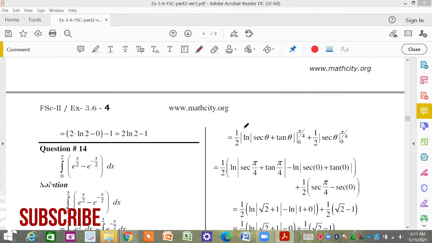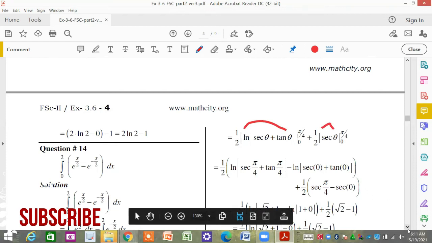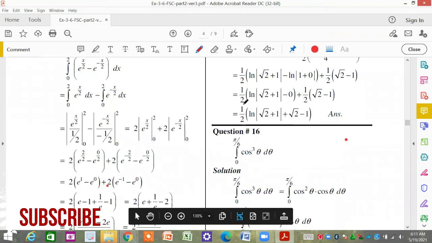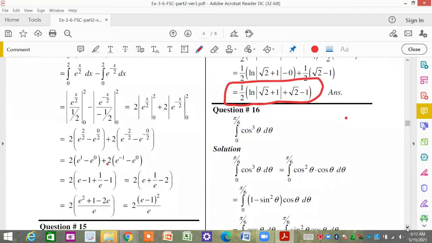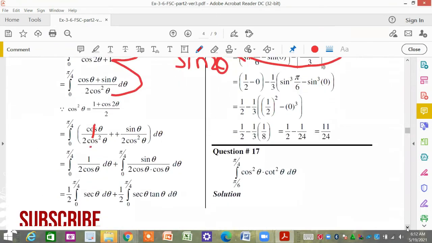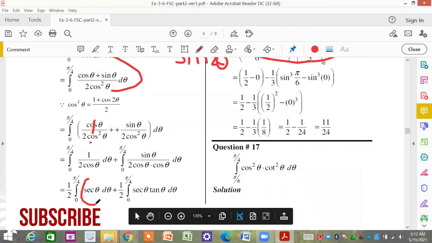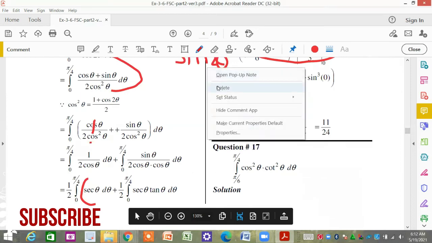So this is the integral of secant theta, and similarly the integral of secant theta tan theta will be equal to secant theta. So after applying the lower and upper limits, we will get the final solution, which is equal to 1 over 2 log natural square root 2 plus 1 plus square root 2 minus 1. So this is a simple form of the solution. Here we are taking simply the integral of secant is log natural secant plus tan, and similarly the integral of secant tan x is secant x. So this is our final solution.